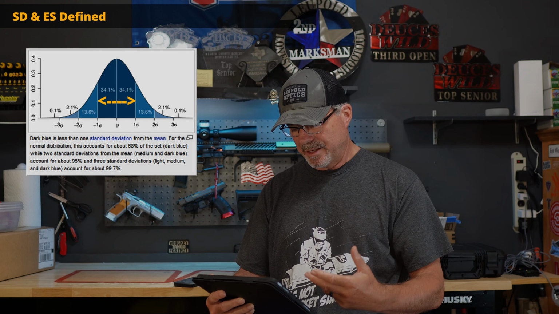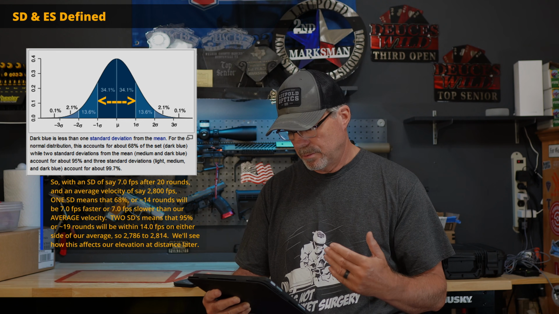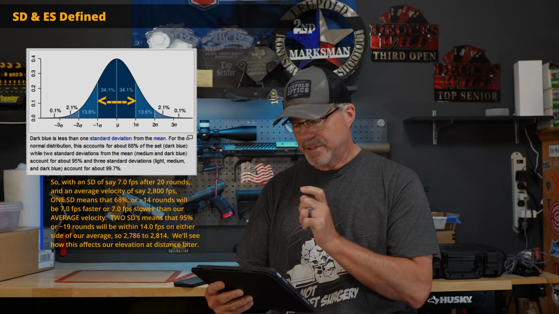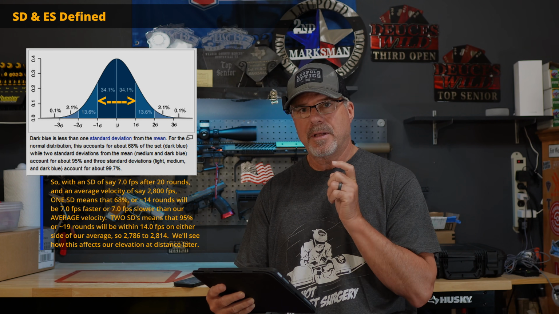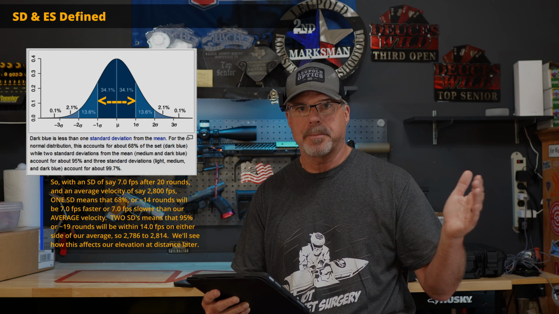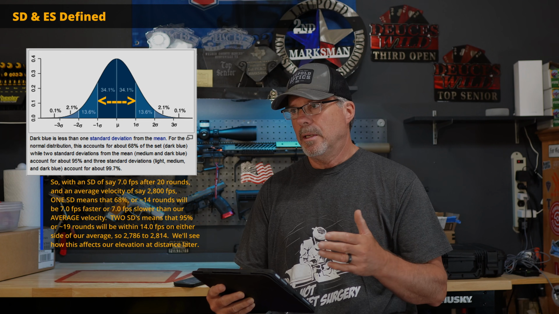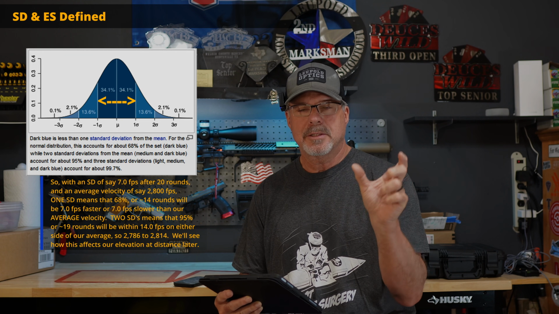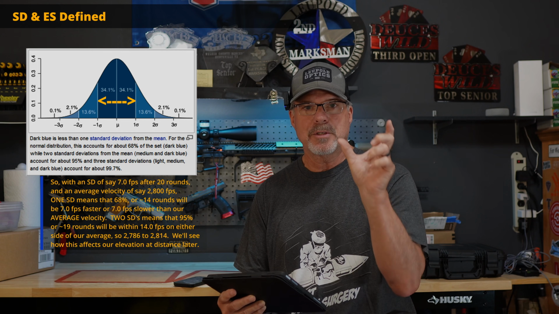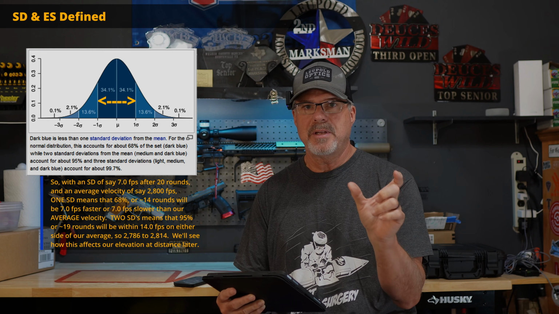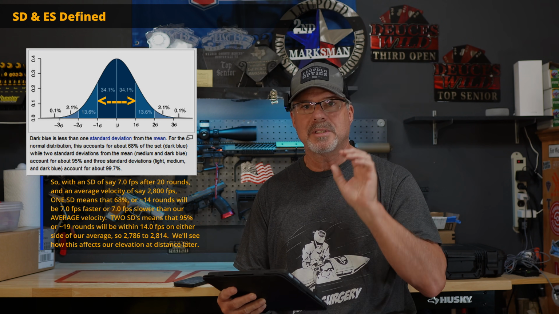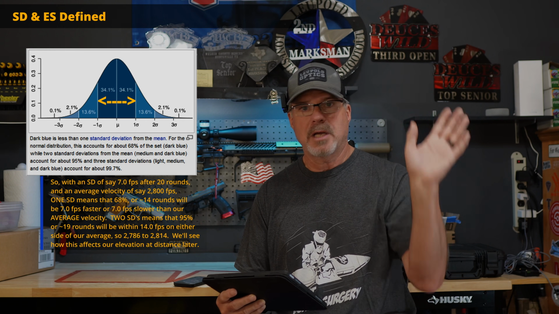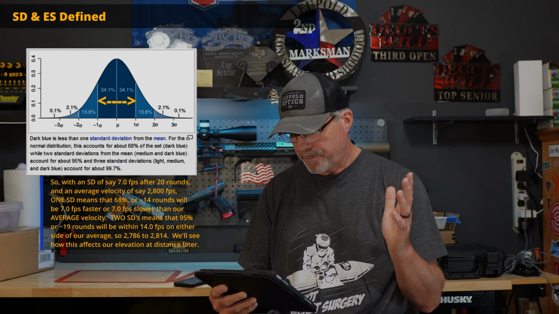For a normal distribution, those two blue sections account for 68% of the entire population. So whatever shots are within one standard deviation represent about 68% of our entire population of shots, okay?